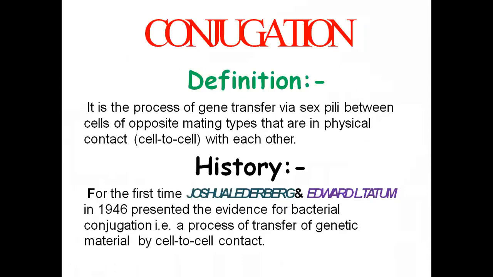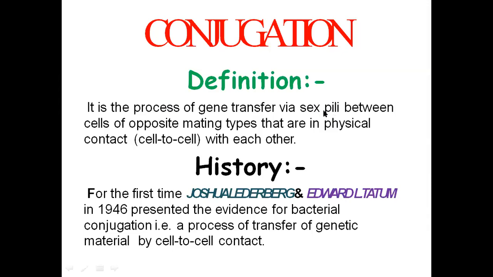What is actually conjugation? Conjugation means to conjugate, to sit one by one, to make a pair. It is the process of gene transfer via sex pili. So this is the most important thing here.